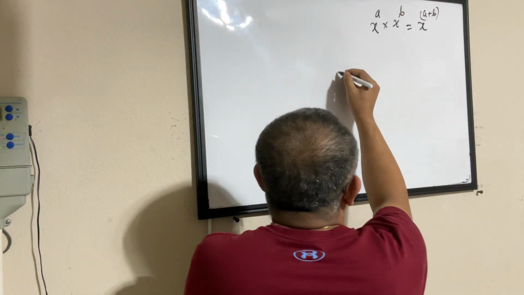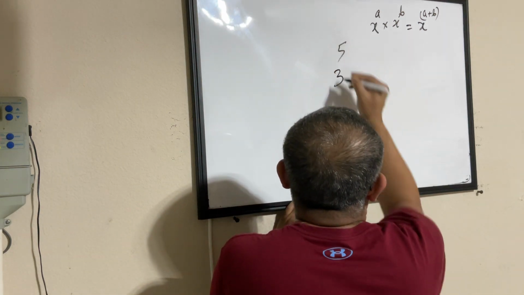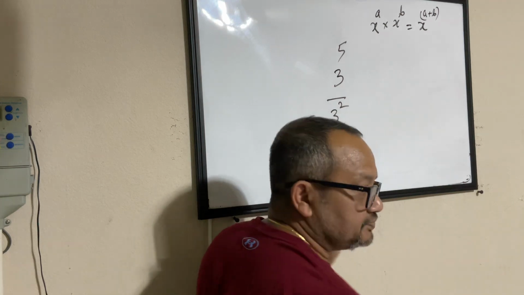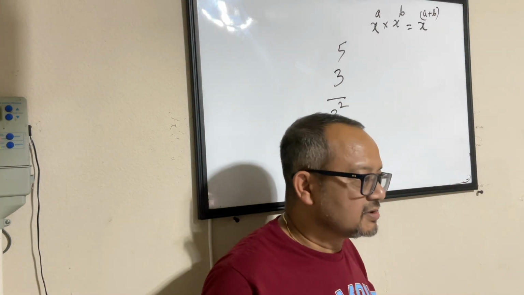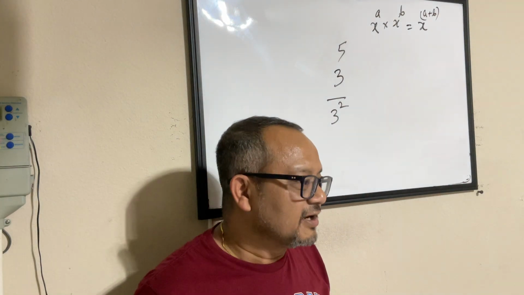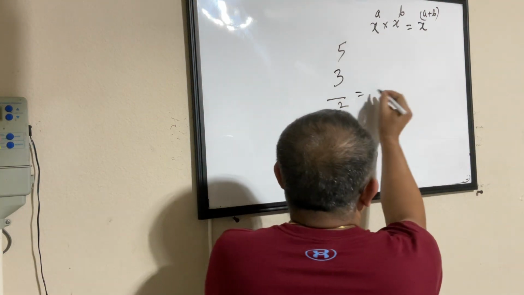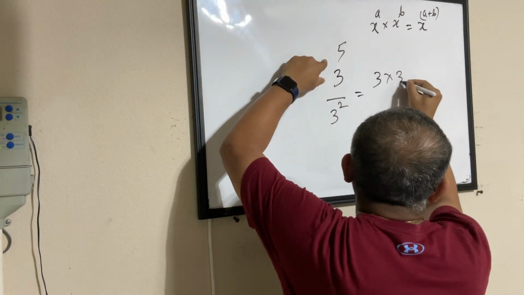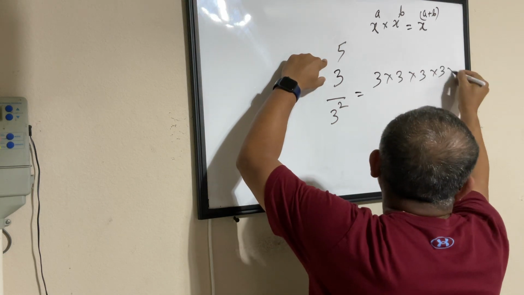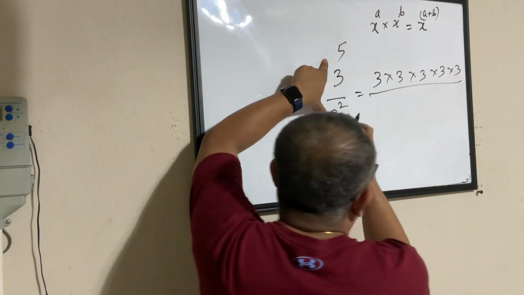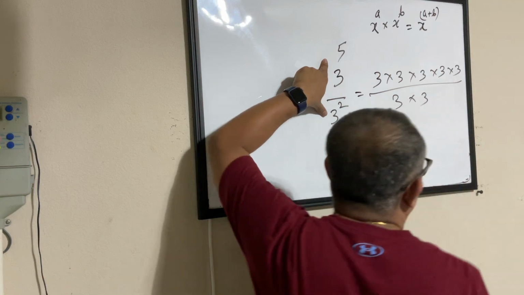And if I do, let's say, 3 to the power 5 divided by 3 to the power 2, what happens? It subtracts. And that is very simple to see, right? 3 to the power 5 is 5 times 3, and then 3 to the power 2 is 3 times 3.